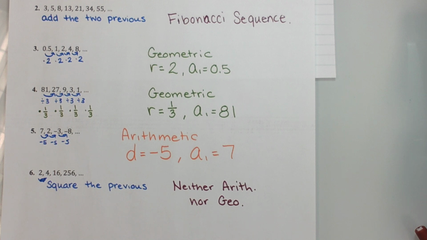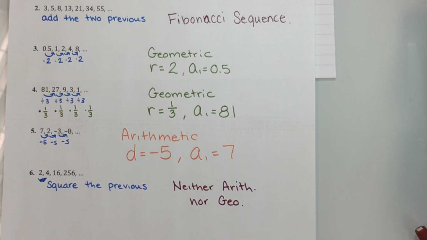So, we're almost done. Okay, today, what you're going to be asked on your homework is identify if it's arithmetic or geometric. Think you could do that? Yeah. Identify the common difference or constant ratio. Find the next couple of terms. All doable things.